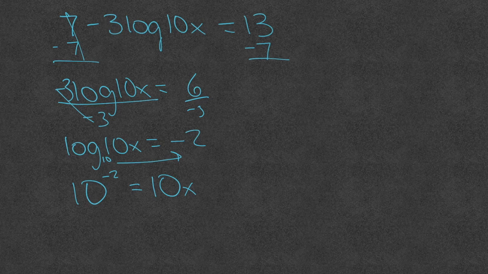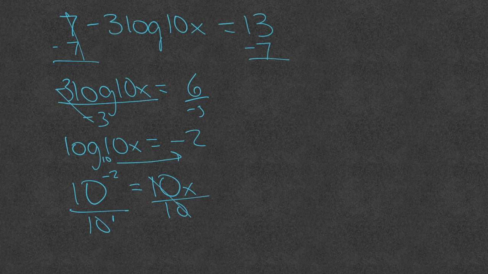Now, we've got 10 to the negative 2, and we've got 10x. We need to divide by 10. If we have 10 to the negative second over 10 to the first, we could use our exponent rules.